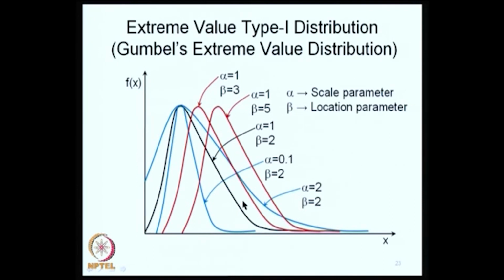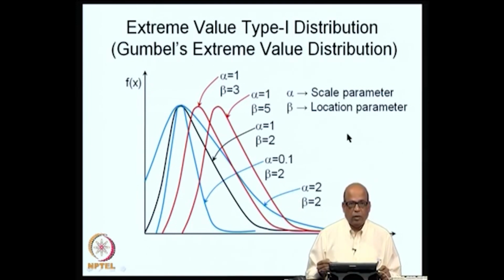So, for the same alpha, as you change beta, the location of the distribution changes and therefore, it is called a location parameter. And for the same beta, as you change alpha, for example, alpha is equal to 0.1 here and alpha is equal to 1 here, alpha is equal to 2 here, the scale of the distribution changes, as you can see from the blue curves here. Therefore, alpha is the scale parameter and beta is the location parameter of the Gumbel's extreme value distribution.